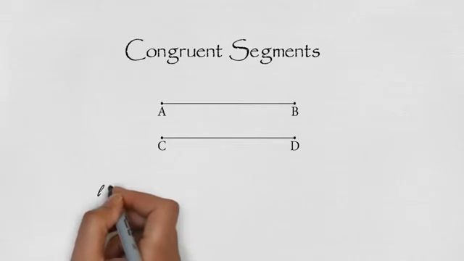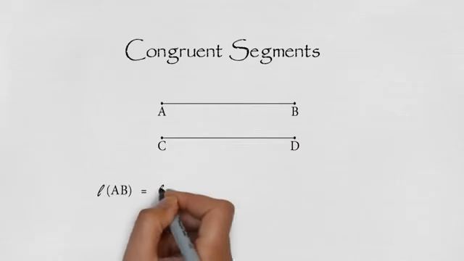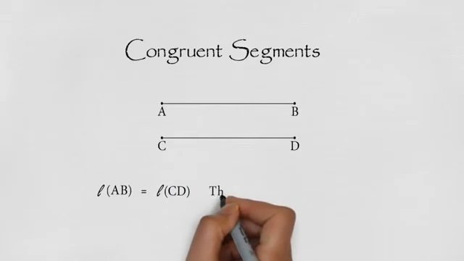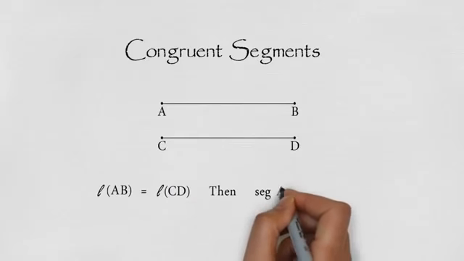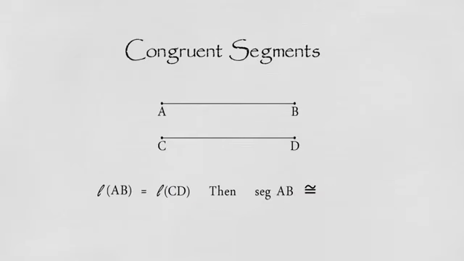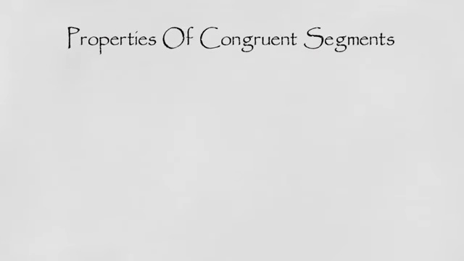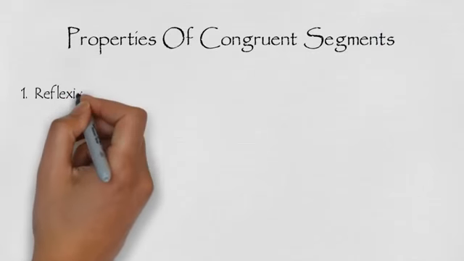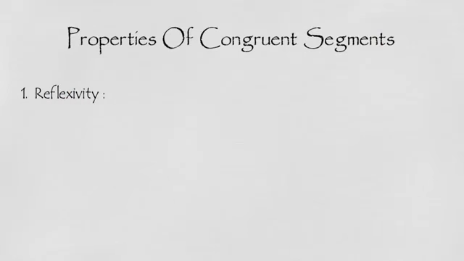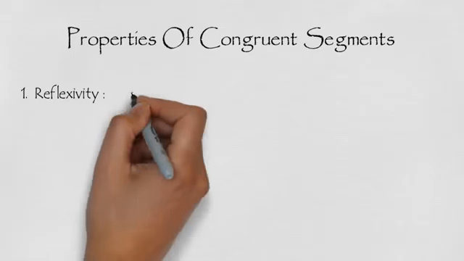If length AB is equal to length CD, then we write segment AB is congruent to segment CD. Properties of congruent segments. 1. Reflexivity. Every segment is congruent to itself.